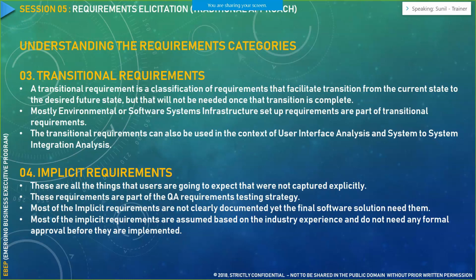Once the transfer is complete, we would no longer need this requirement. So these are transitional in nature and they would exist in your system for a temporary period of time. After the purpose is solved, after the system is migrated from an older system to a newer system, the requirement would end over there and those transitional requirement would be retired.